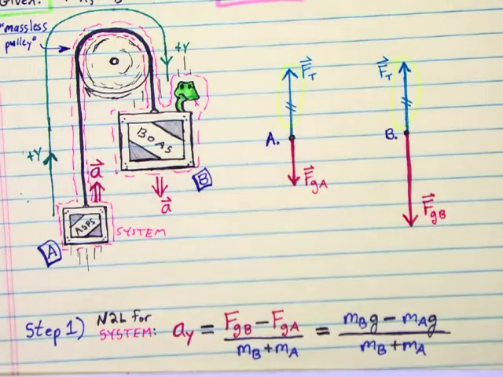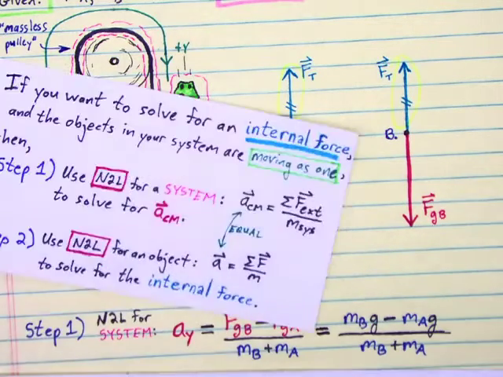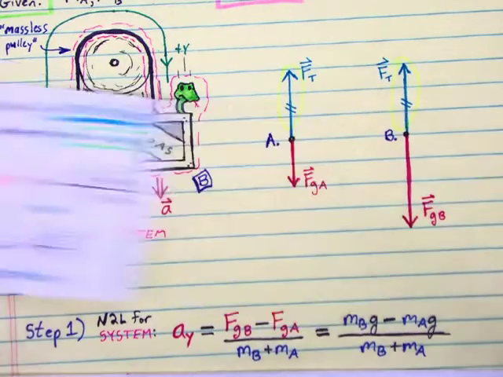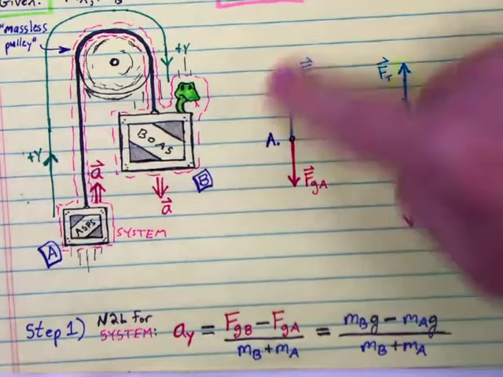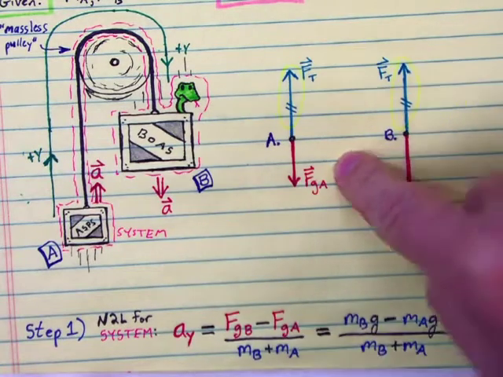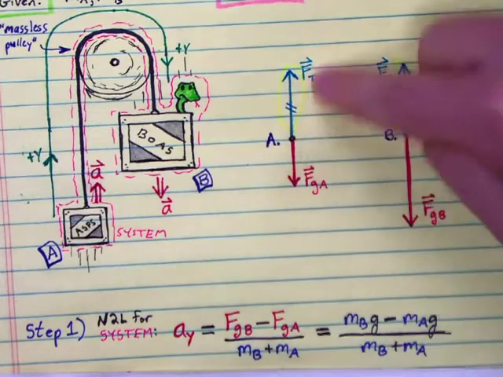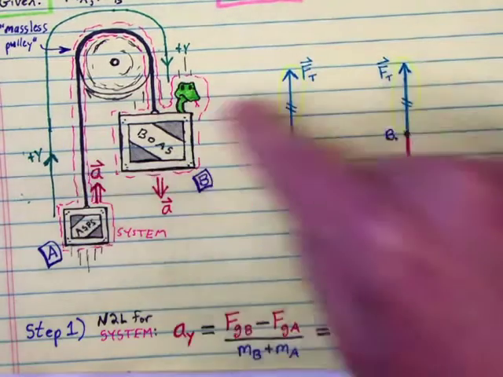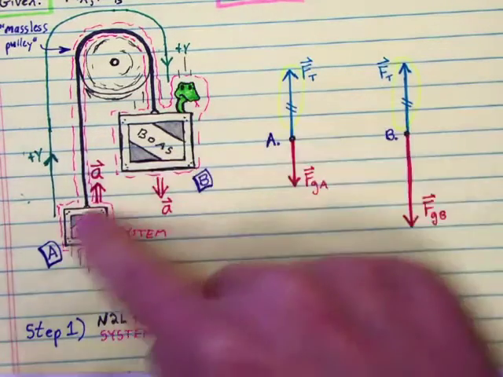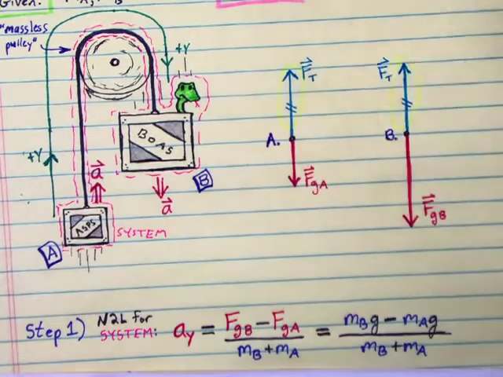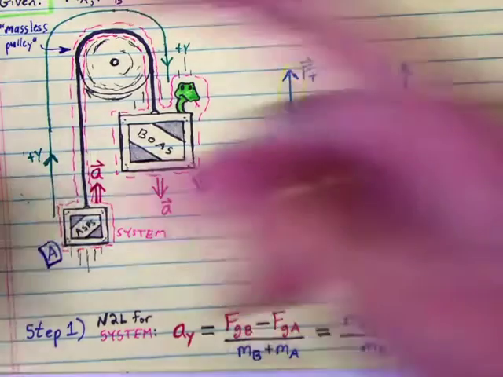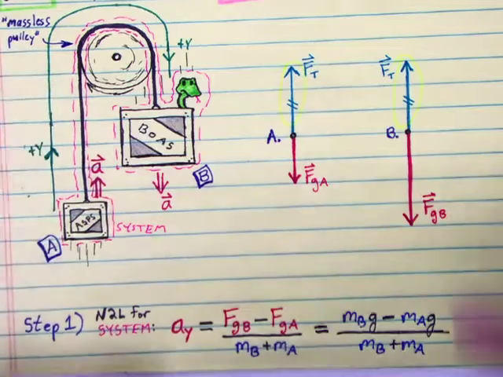We need just the external forces on that system, just the external forces in the y direction. So here, on this side, our y direction is upwards. F_T, that's an internal force acting between objects A and B, so that's internal. The only external force is F_GA, which is in our negative y direction. It is downward, which is the negative y direction over here. So it's minus F_GA.